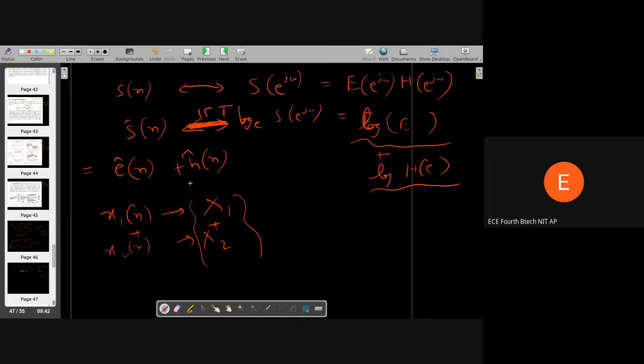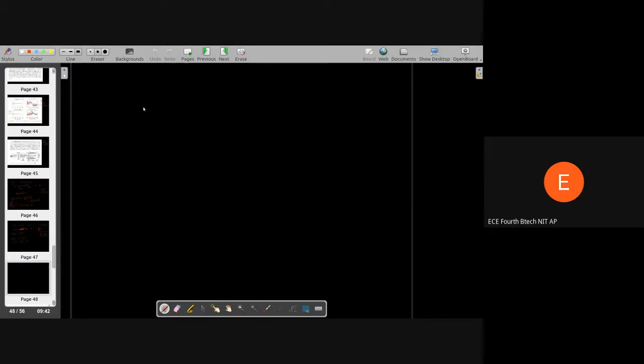This is the complex Cepstrum. Most of the time in speech, we use the log magnitude part only. You have S of n, so S of e to the power j omega.